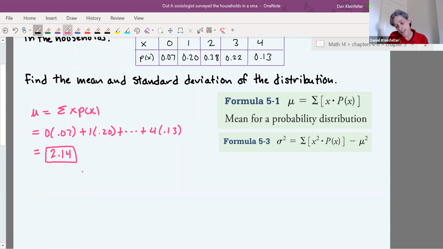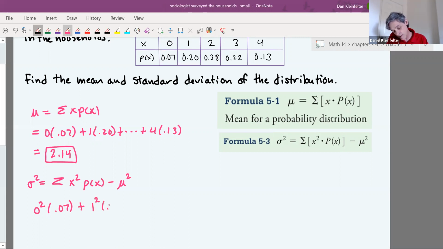Okay, the next thing, we want the standard deviation. I'm going to find the variance first, and then we'll just remember to take the square root at the end. So now we need the sum of x squared p of x minus mu squared. Okay, so x squared p of x. 0 squared times 0.07 plus 1 squared times 0.20.